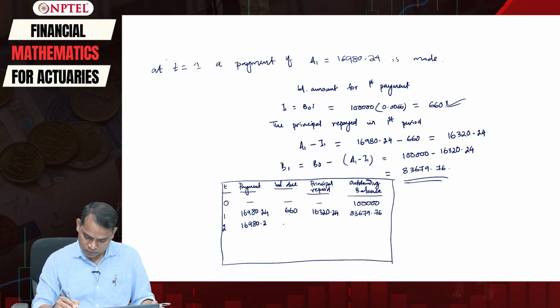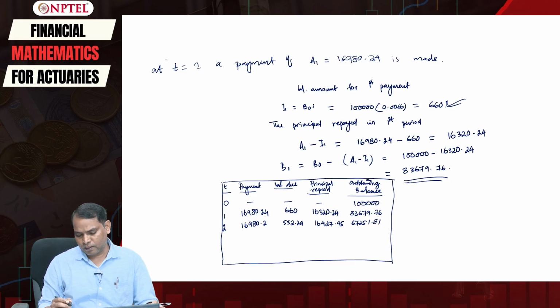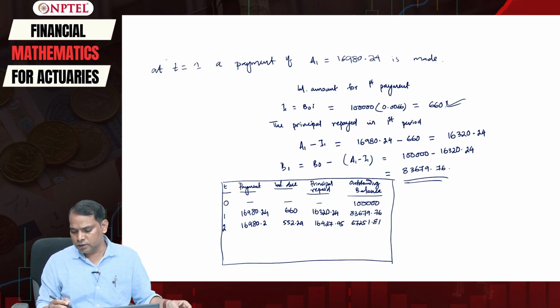So you will have here 552.29, and then you deduct this amount from here and we will get 16,427.95, and the loan outstanding balance you will get in period 2 is 67,251.81.